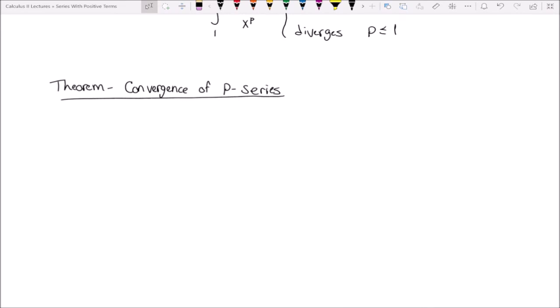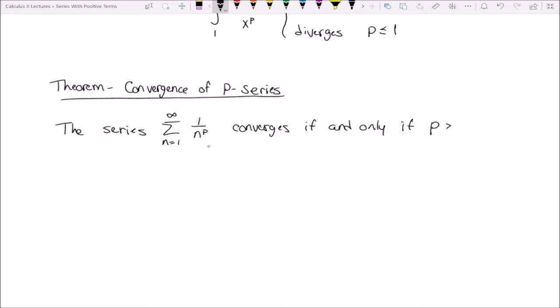In this theorem, the series n equals 1 to infinity, 1 over n to the p converges if and only if p is larger than 1.